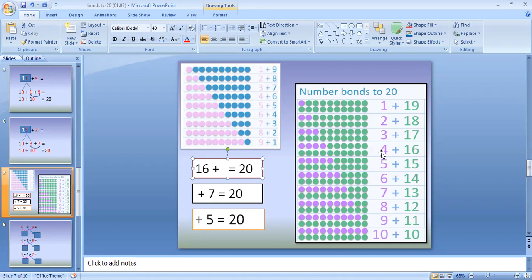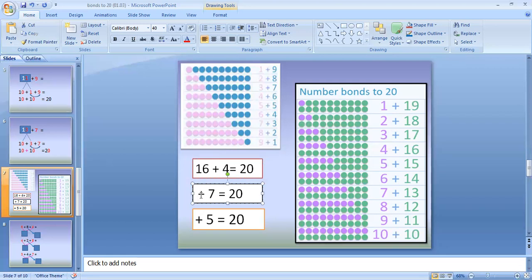Here this says 16 plus 4 is equal to 20. So the answer is 4. Did we do any calculation to find the answer? No. By just looking at the number bond, we say it is 4. So, if we have thorough knowledge of number bonds, we can solve smaller sums without doing calculation.